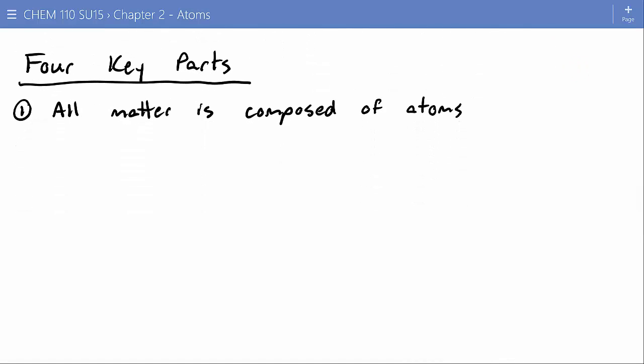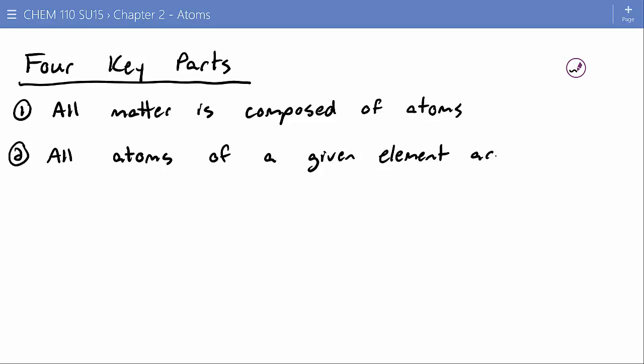The second part is that all atoms of a given element are alike, and they are unique from atoms of different elements.